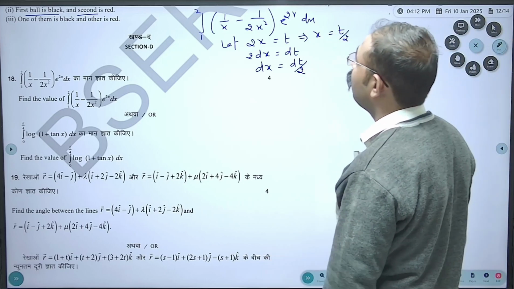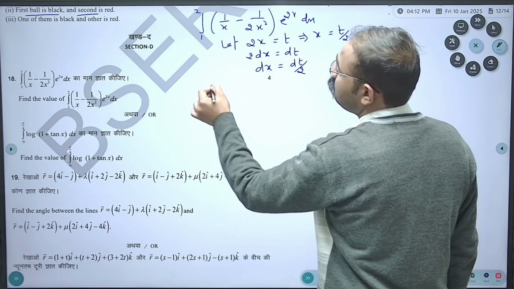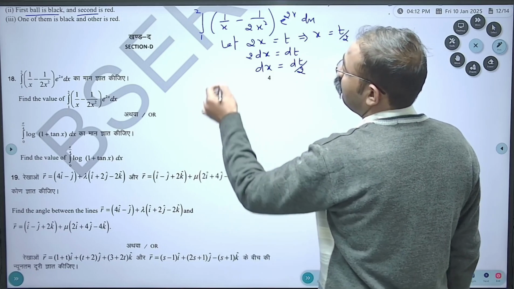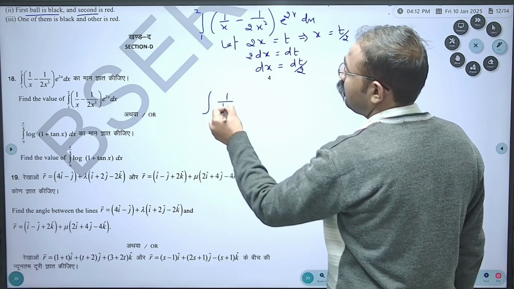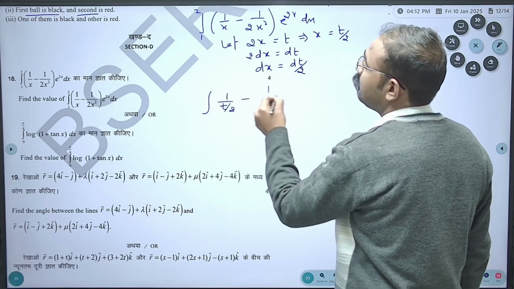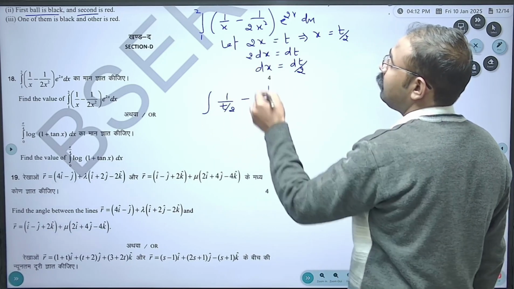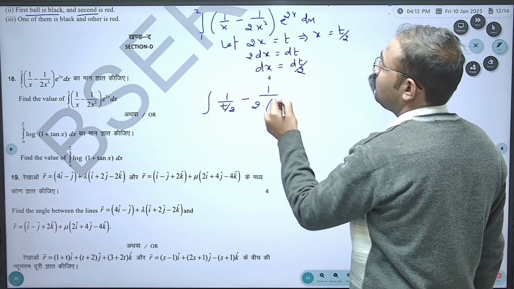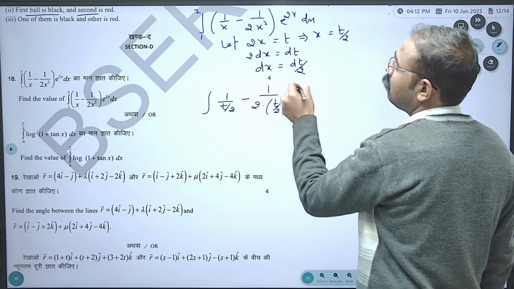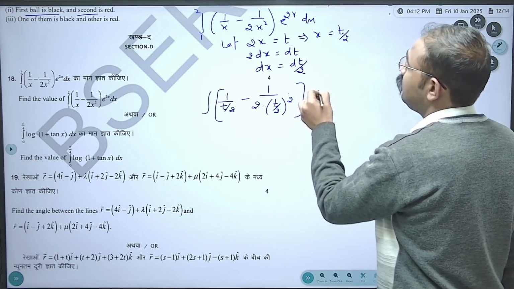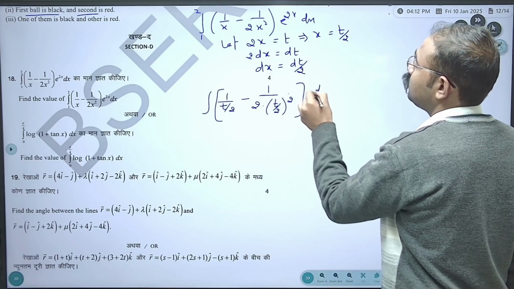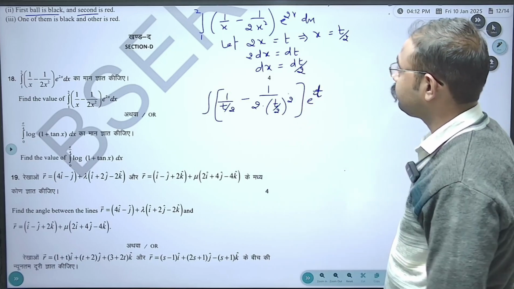So put all these values in our equation. 1 upon, in place of x we will put t upon 2, minus 1 upon 2 into, in place of x, t upon 2 and its square, bracket closed, e raised to the power 2x, means e, in place of 2x we will put t.